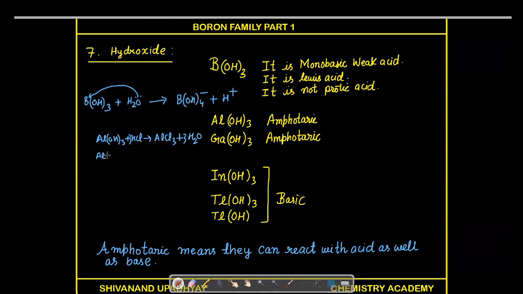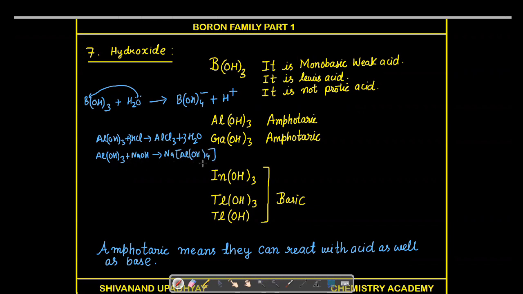Again, Al(OH)3 will react with NaOH. Here NaOH is the base and Al(OH)3 is acting like a Lewis acid. It will accept one OH- from here, and there is formation of Na[Al(OH)4].